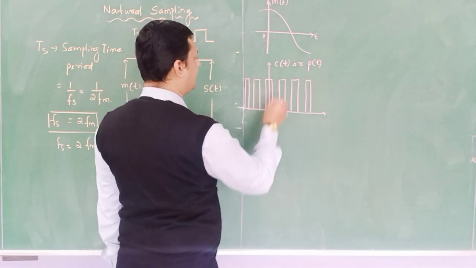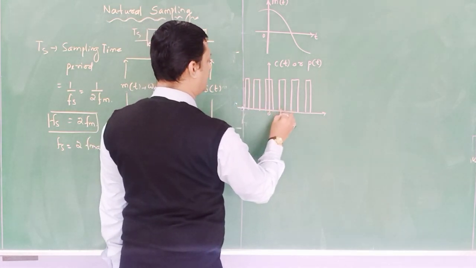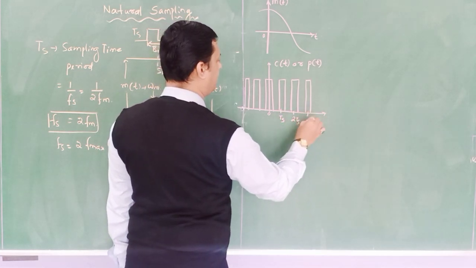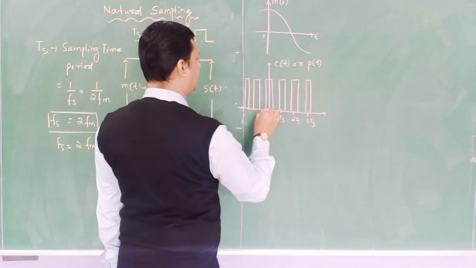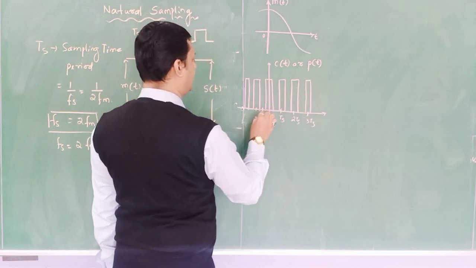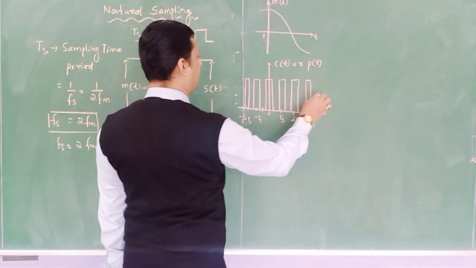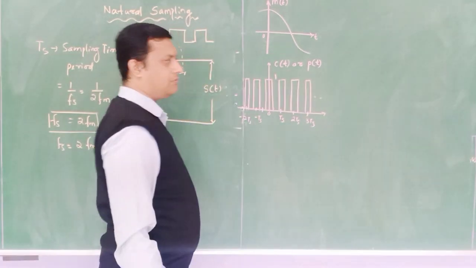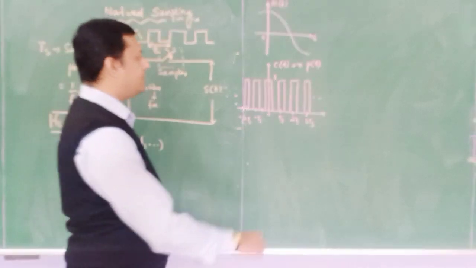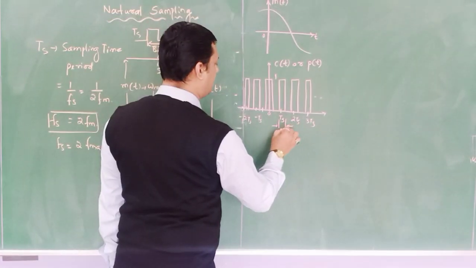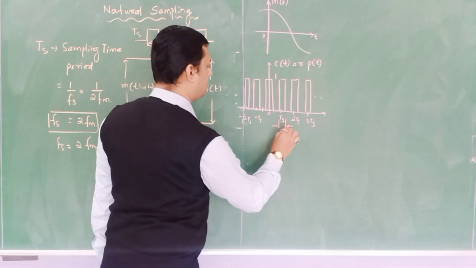Like this. So this is 0, this is Ts, this is 2Ts, this is 3Ts, this is minus Ts, this is minus 2Ts, and so on, having amplitude 1. And the pulse has a pulse width of tau. This is tau.